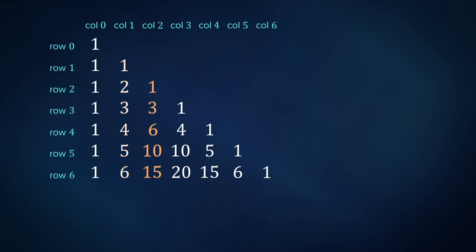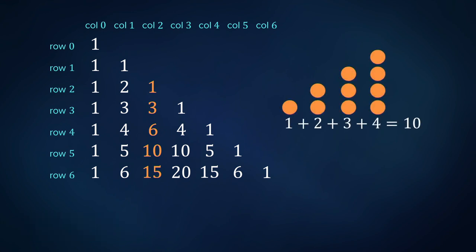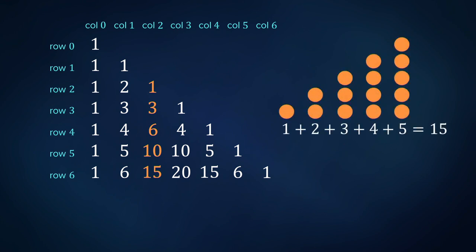The numbers in column 2, 1, 3, 6, 10, 15, and so on, are called triangular numbers, since with those many dots, we can create nice right triangles. For example, the fourth triangular number, 1 plus 2 plus 3 plus 4, is 10. The fifth triangular number is 1 plus 2 plus 3 plus 4 plus 5, which is 15.